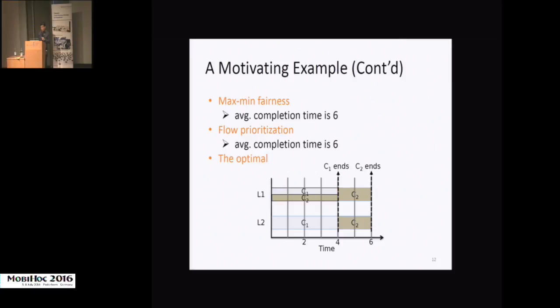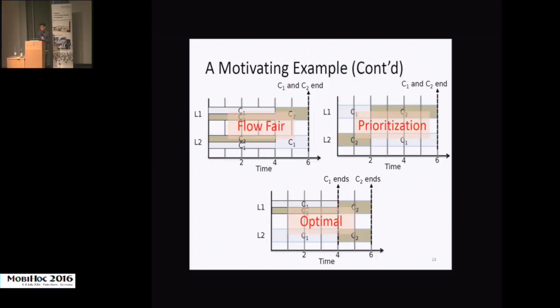By doing so, one of the applications, say application C1, can end when the time reaches 4, and the other application can end when the time reaches 6. So let's see the performance. The optimal can achieve an average completion time of 5.